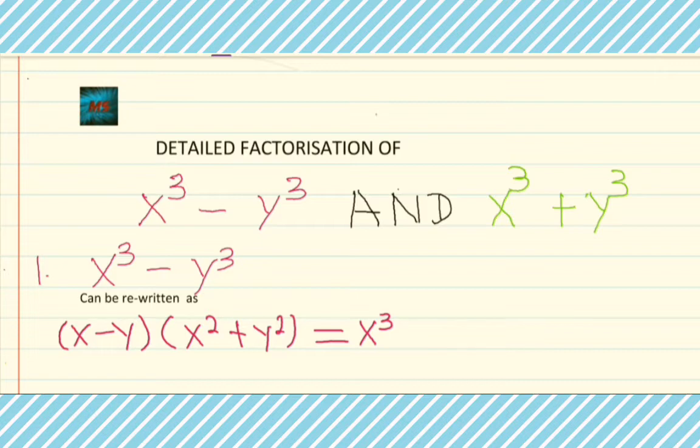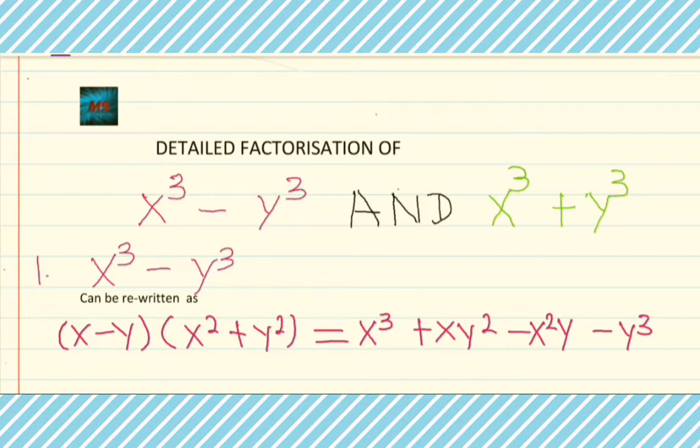We multiply this out: x times x squared is x cubed, x times y squared is plus xy squared, minus y times x squared is minus x squared y, and minus y times y squared is minus y to the power 3, which is y cubed.